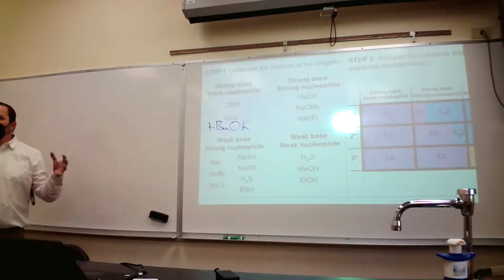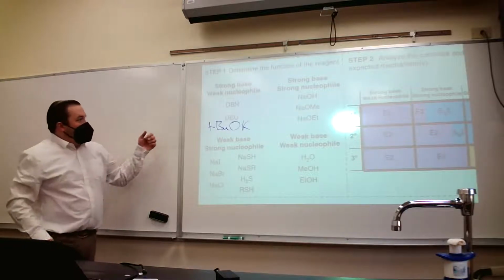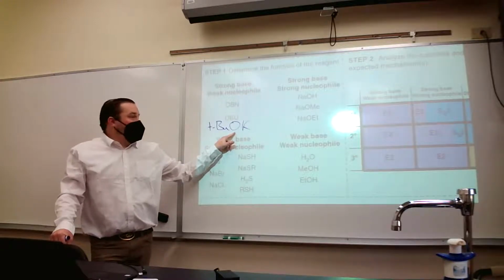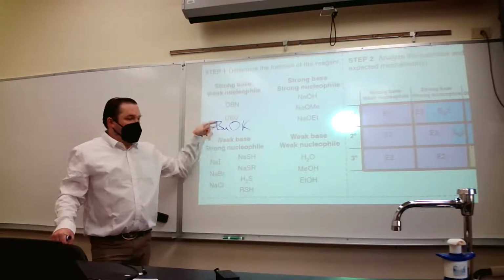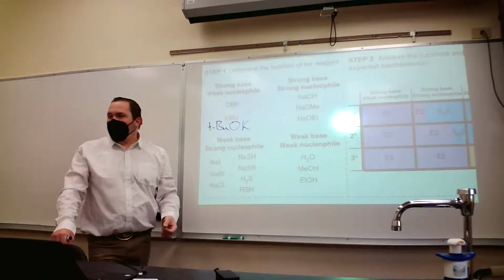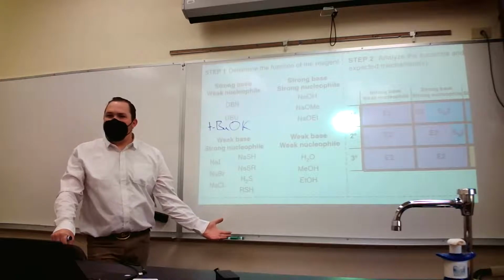It's got lots of junk around it that's taking up space. So it's a strong base because you still have an oxygen with a negative charge that wants to grab a hydrogen or act as a nucleophile. But the big bulky groups around it mean it can't physically get into that active carbon, so it'll settle for just being a base instead.